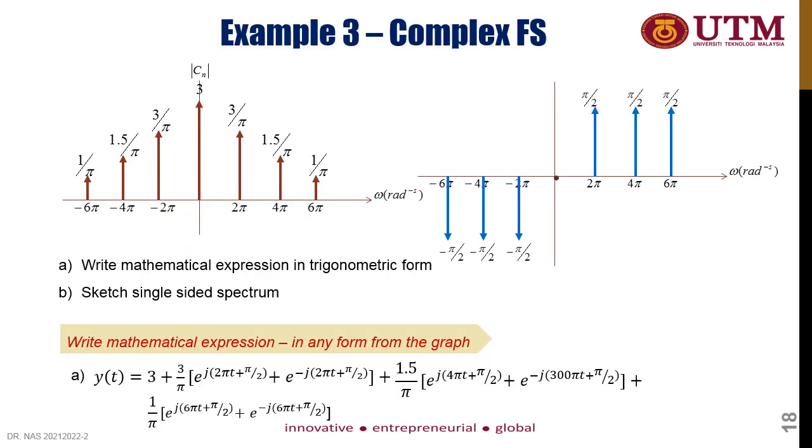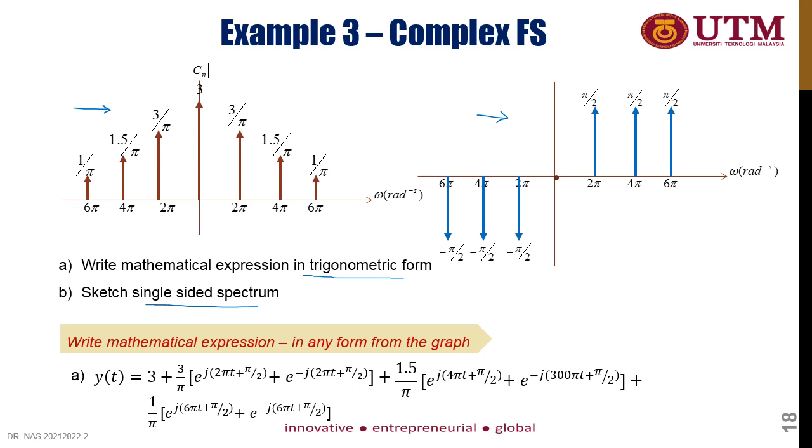Okay, how about when you are given an amplitude and phase spectrum, but you need to write down the expression in trigonometric form and then sketch the single-sided spectrum. Currently you are given the double-sided spectrum for both the amplitude and phase.